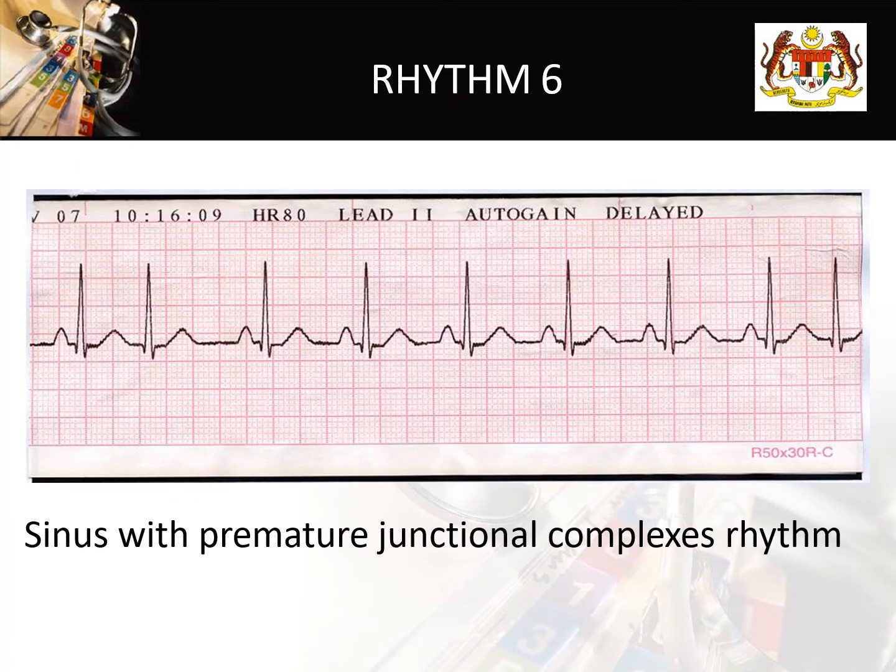Okay, next rhythm is sinus with premature junctional complex. The characteristic of premature junctional complex is you can see an abnormal QRS complex without P wave. So this is another premature junctional complex. This rhythm basically does not originate from the SA node, that's why you cannot see the P wave. It originates from the area between the SA node and the AV node, or nearby the AV node.